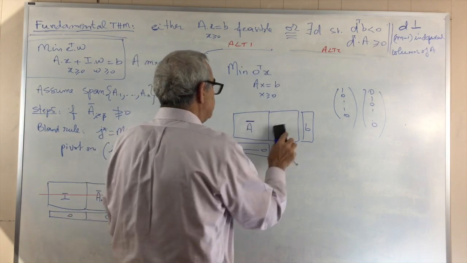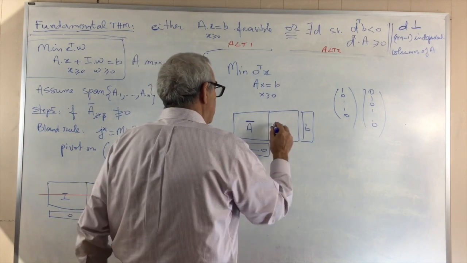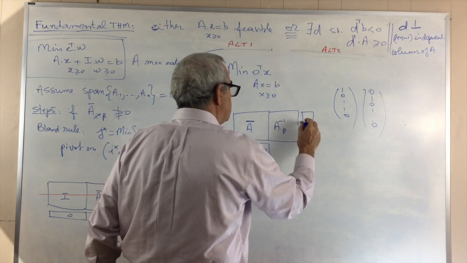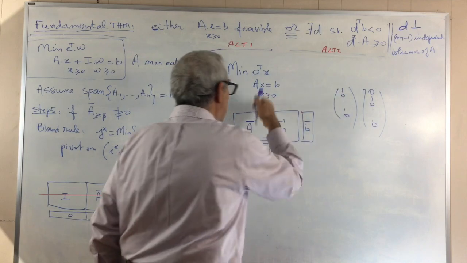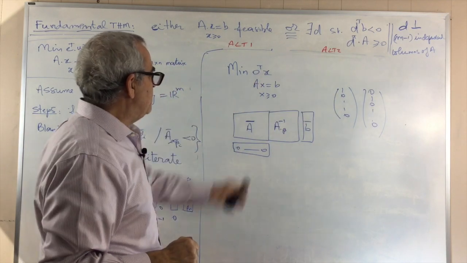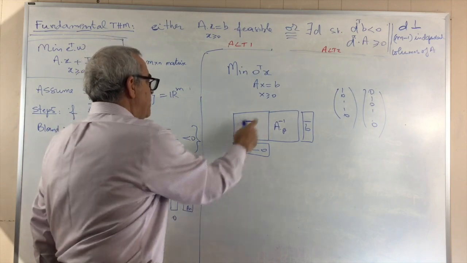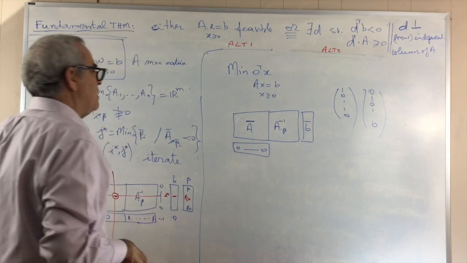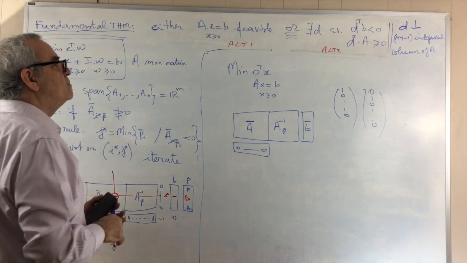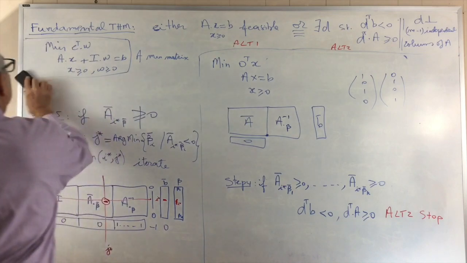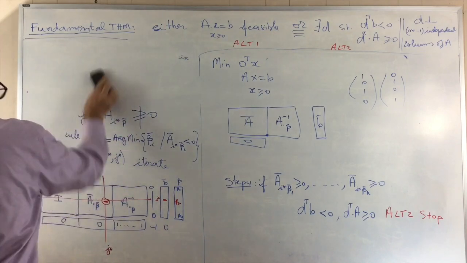It's an A bar. Here will go A dot beta minus 1, and this B bar. The beta will be those columns where we put the column of the identity matrix there. Okay, so in A bar we have the identity matrix there, and then we start this algorithm like that.